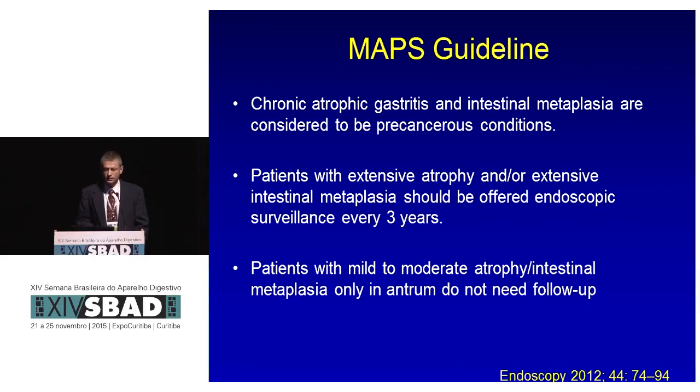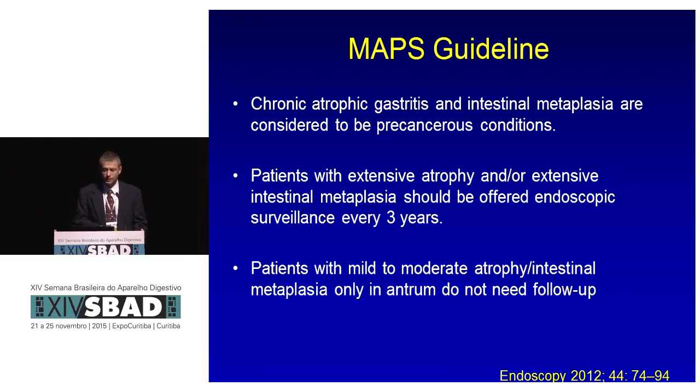Chronic atrophic gastritis and intestinal metaplasia are considered to be precancerous conditions. That is pretty straightforward. Patients with extensive atrophy and extensive intestinal metaplasia should be offered endoscopic surveillance every 3 years. The key is extensive.